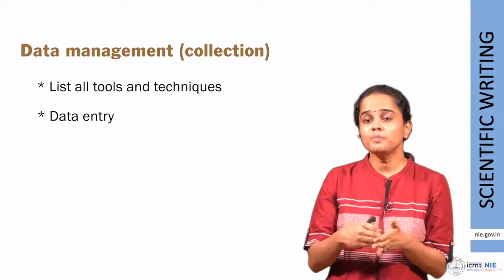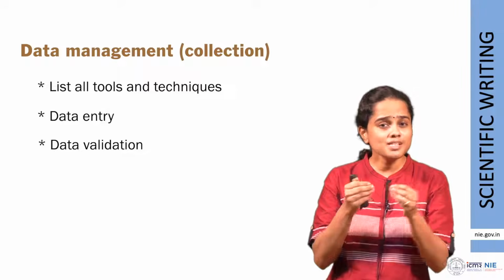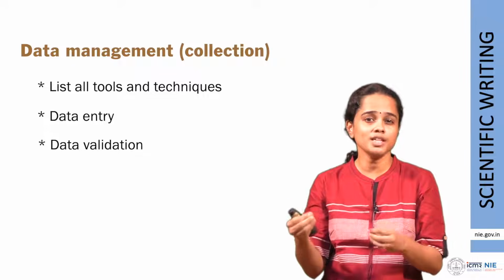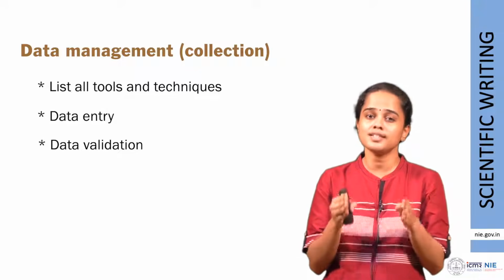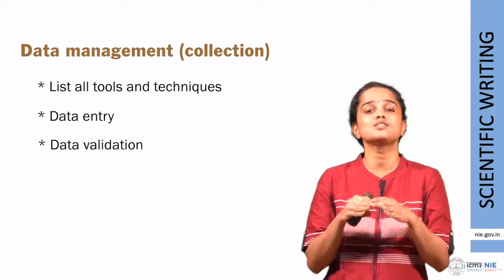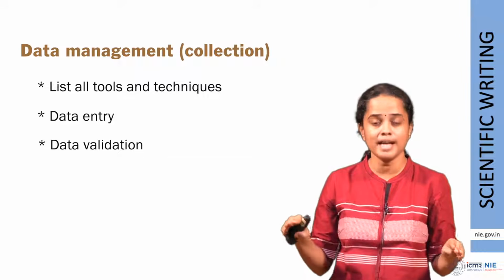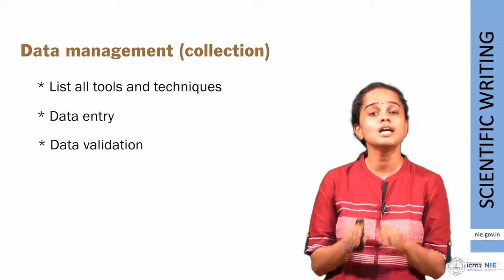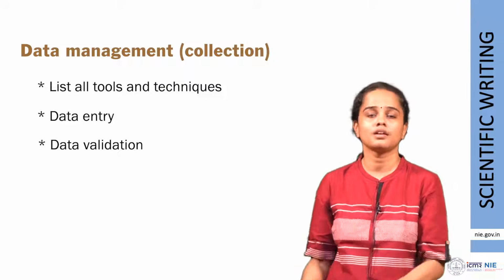The next step would be data validation. These are certain checks that we use to ensure that the data that goes into analysis is of very good quality, and there is absolutely no compromise on the quality of data, because garbage in, garbage out.